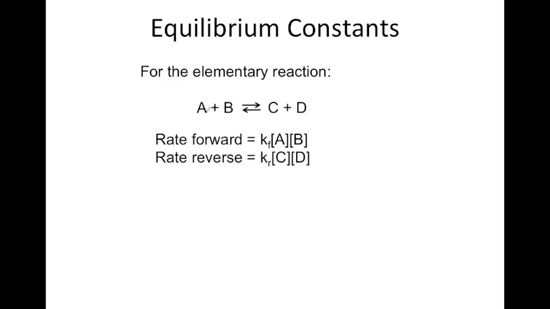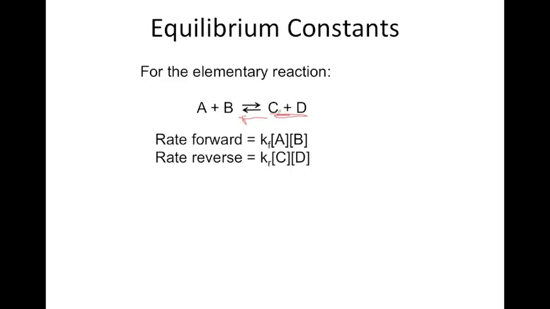Since the forward and reverse reactions are occurring, we could write a rate law for the forward reaction. Remember that a rate law is: rate is equal to the rate constant, here Kf for the forward reaction, times the concentration of reactants, concentration of A, concentration of B. If we're talking about the reverse reaction, now these C and D would be considered my reactants.